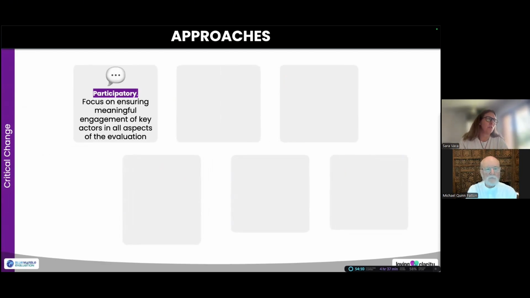So the first one would be participatory approach, which is not what I usually read in evaluation reports, or I thought at the beginning, like people were talking about evaluation that has a lot of informants. That's not participatory, right?